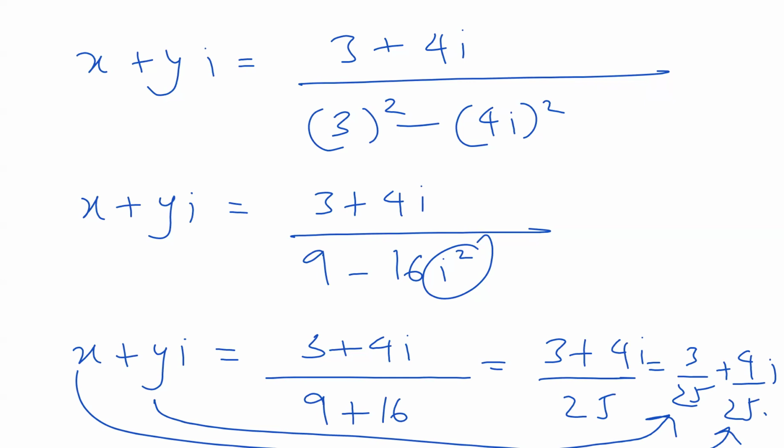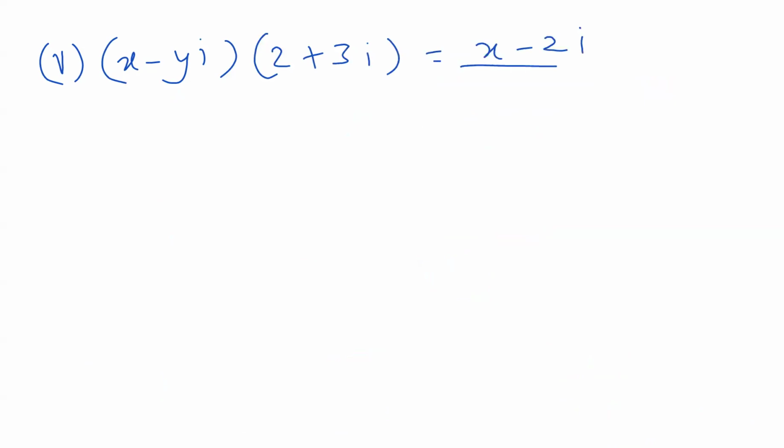Let us go to the fifth problem. Question number 5. x minus yi times 2 plus 3i equals x minus 2i over 1 minus i. There are multiple ways to solve this particular problem.